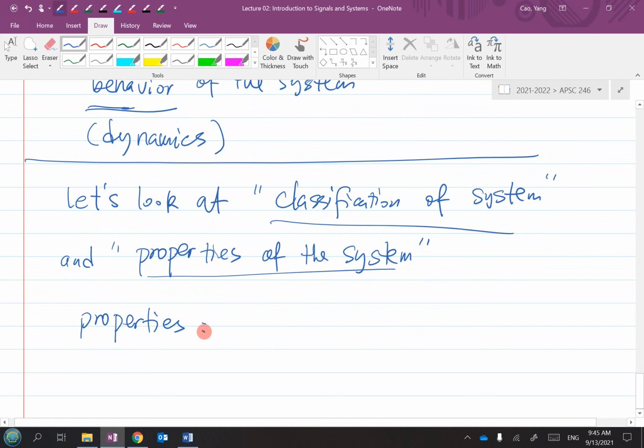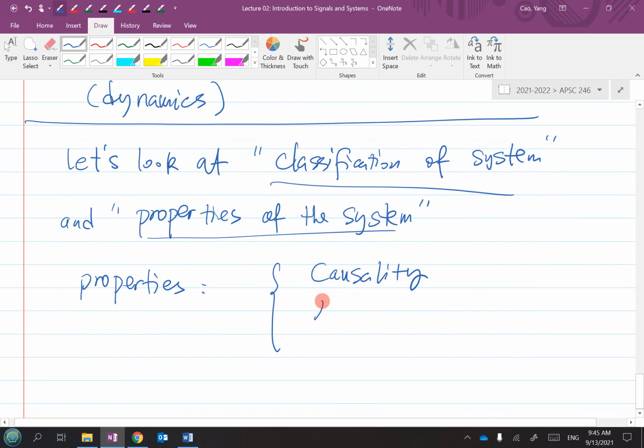How many properties will we use for this course, for the system? For properties, there are three. The first property is called causality, and I'll explain a little bit what this means. The second one is called linearity.